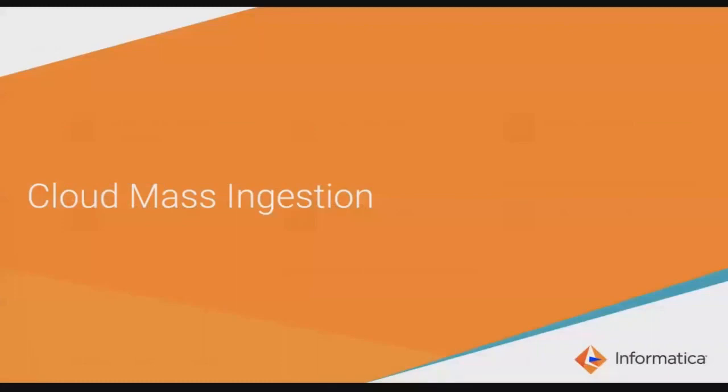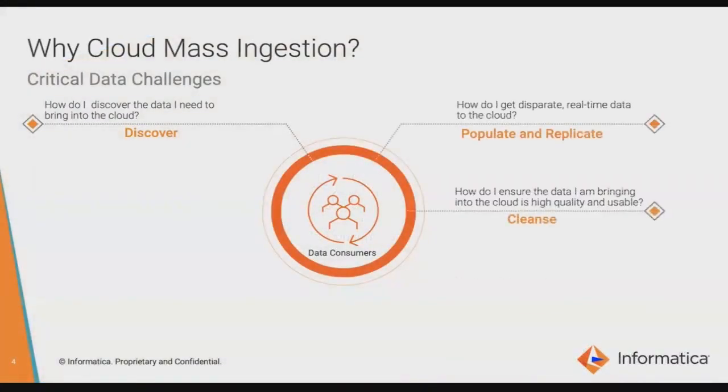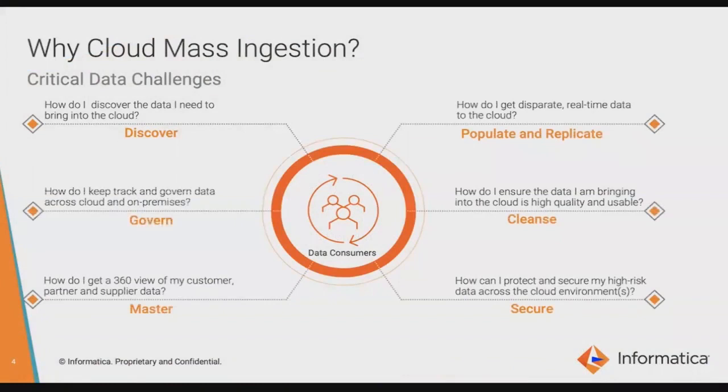So now, why Cloud Mass Ingestion? Any data management program comprises various stages or use cases. For example, any organization may have a variety of data sources. Now, the first challenge for these organizations is data assets. Companies have basic questions like, do we know which data assets we have?